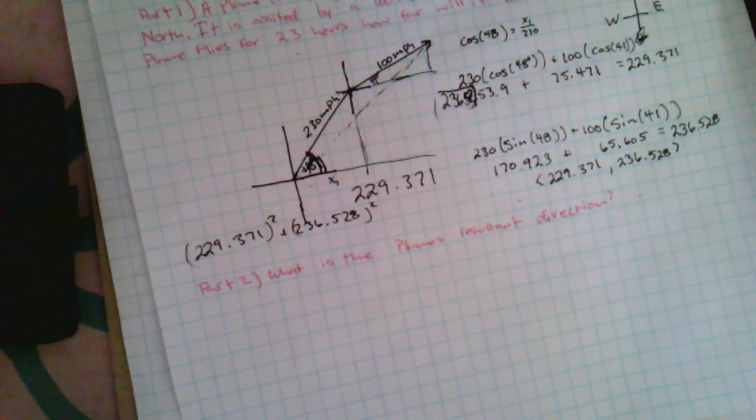And then, okay, it's going to be 229.371 squared. No. Yeah. Online calculators do not work well.